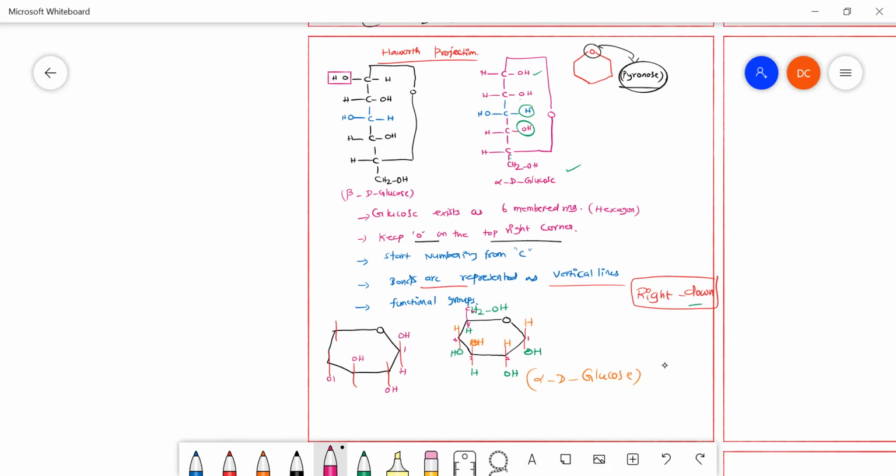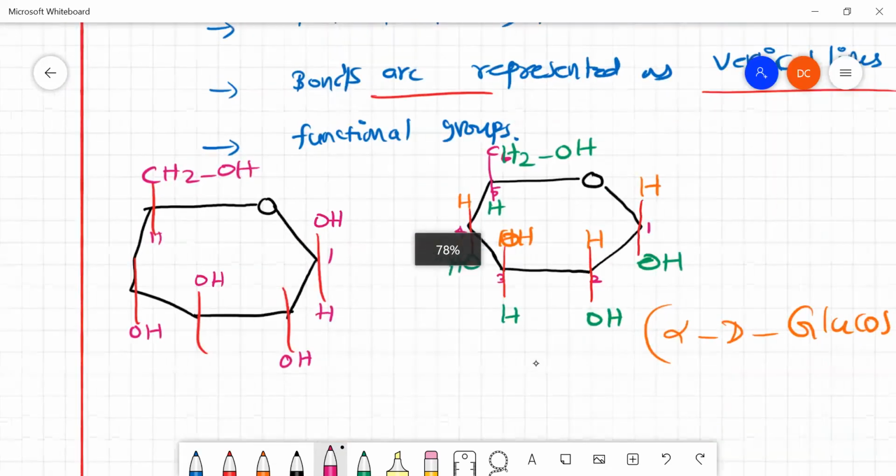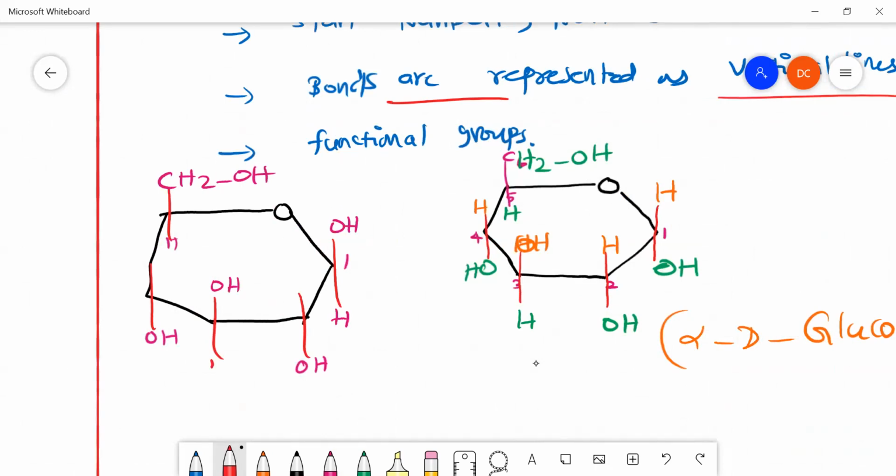Fourth carbon, again OH is on the bottom. Fifth carbon, hydrogen is here, and sixth carbon, CH2OH. Is that clear? The remaining we have to satisfy with hydrogen. So we can write the structure: here hydrogen, here hydrogen, here hydrogen, like that.